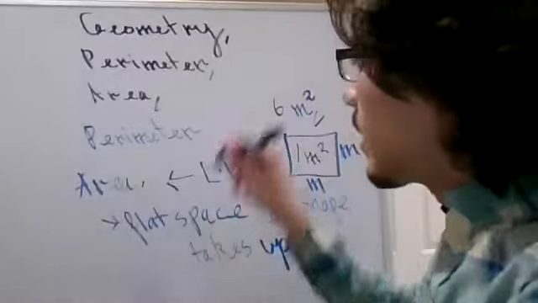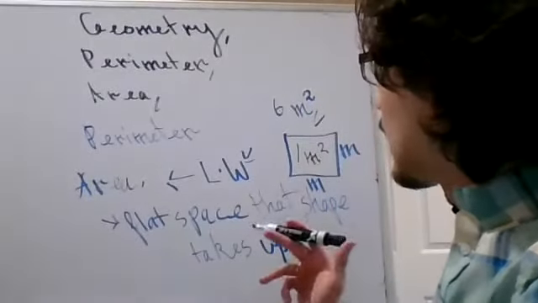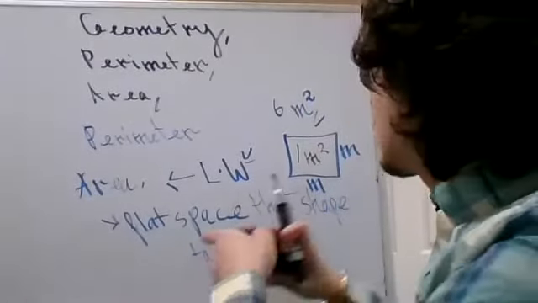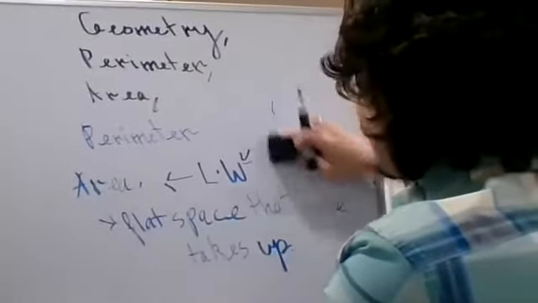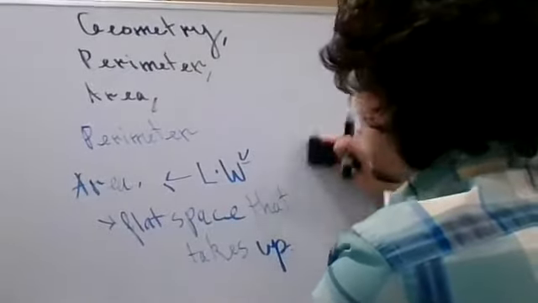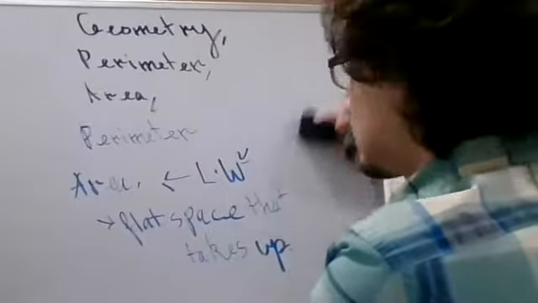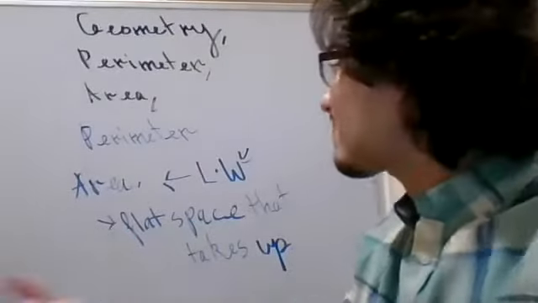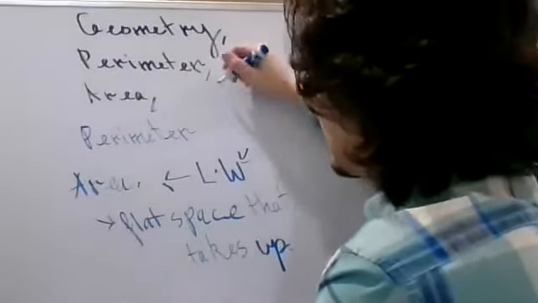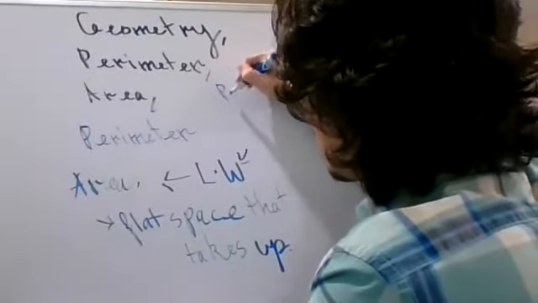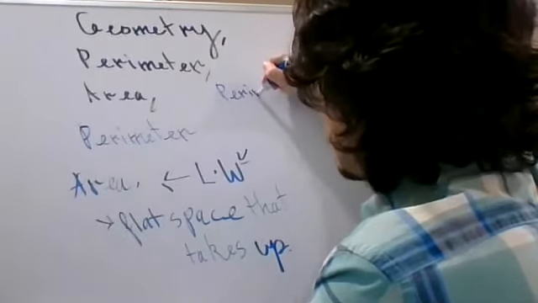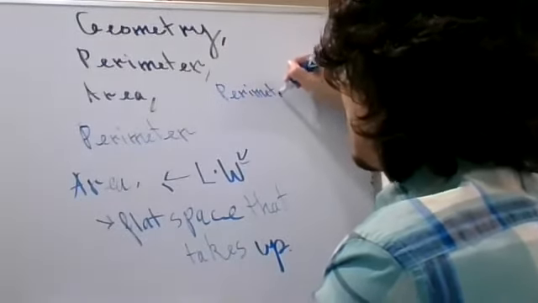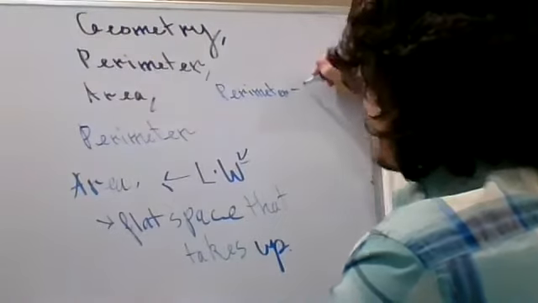So perimeter, let's erase this for the time being. So perimeter describes the length around a shape.